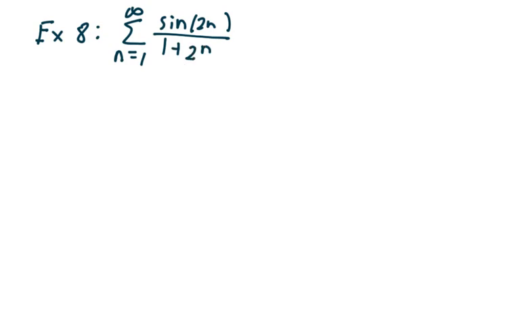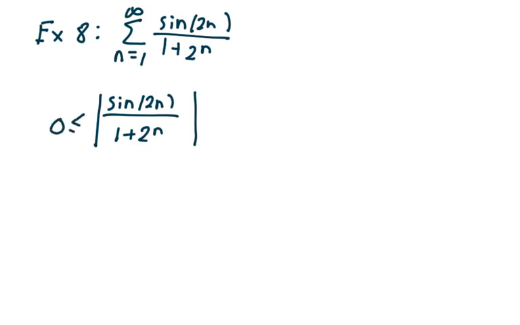This is a perfect comparison test. So I'm going to take a look at the absolute value of sine of 2n divided by 1 plus 2 to the n, right? Just the absolute value. If I make the denominator smaller, the fraction gets bigger, right? And this is greater than or equal to 0, by the way. Now, the numerator is bounded above by 1.